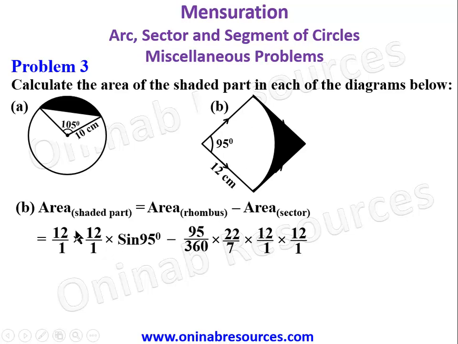So simplifying this, this is 144 sine 95 degrees is 0.9962 minus 95 over 360 times 22 divided by 7 times 144 gives 119.43. 144 times 0.9962 gives 143.45 minus 119.43.